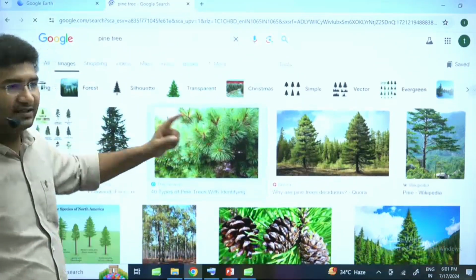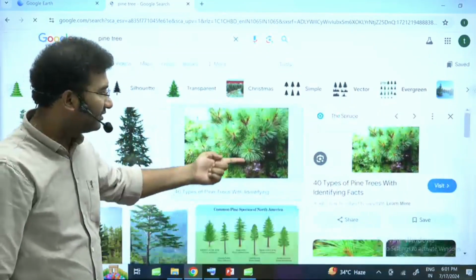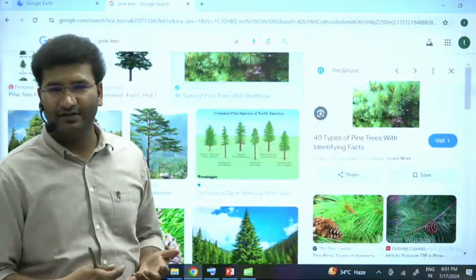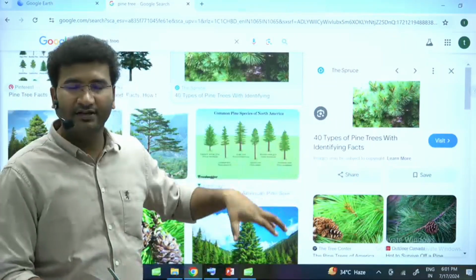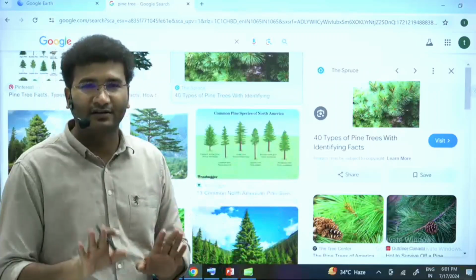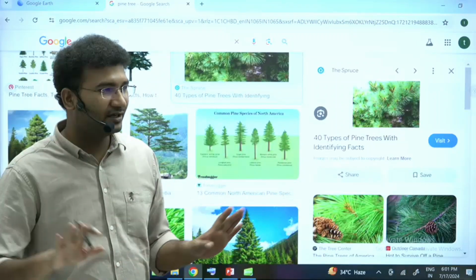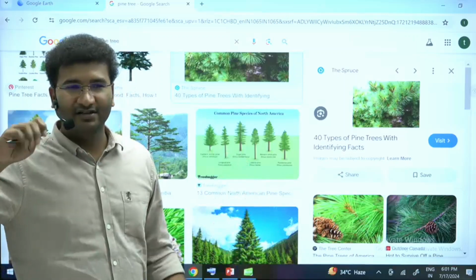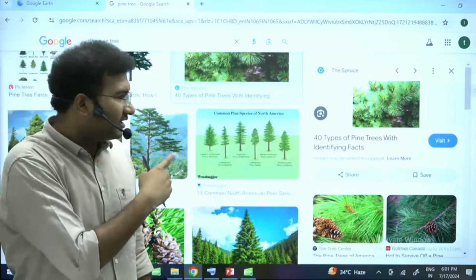So there are no leaves, they are actually needles. This particular tree adapted over a period of thousands and lakhs of years to that climate, that I'm not going to shed my leaves, rather I'll not grow during the times of winter. Whenever winter comes, it will not grow, it will stand still. As soon as the sunlight comes, it will start to grow again. So these are sun-loving plants.